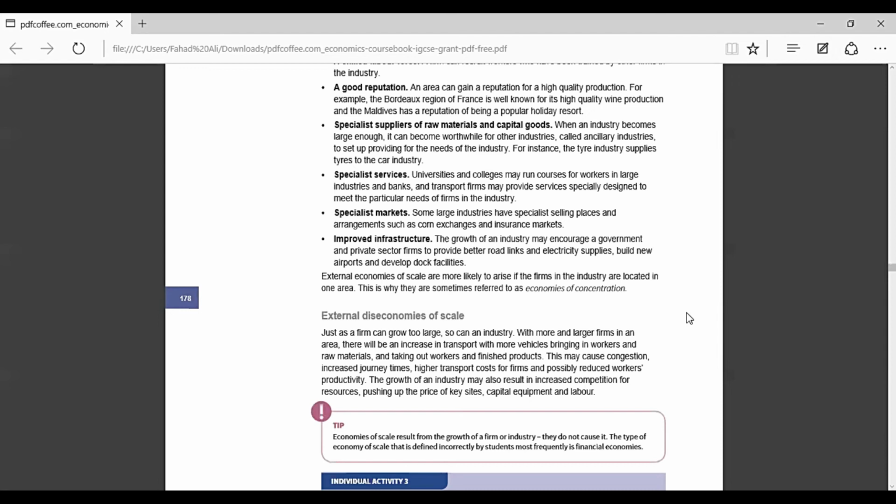Specialist markets: maybe you would be in a specialist market, in the area where you are situated. You would have the biggest supplier of stationery supplying stationery to you only, because he's a wholesaler. He will not be selling stationery to the individual customer. So if that business is near to my business, again my transportation cost will be saved.